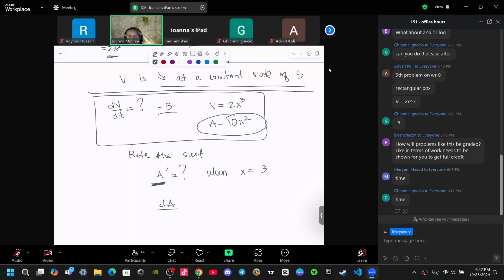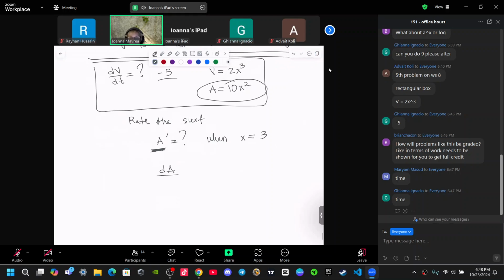With respect to time. It's not with respect to x. So you cannot say A prime is equal to 2 times 10, 20x, and stop, because you're not taking the derivative with respect to x. You're taking the derivative with respect to time. How do you know? Because you read hours, hours, hours. That's the derivative with respect to time, right?